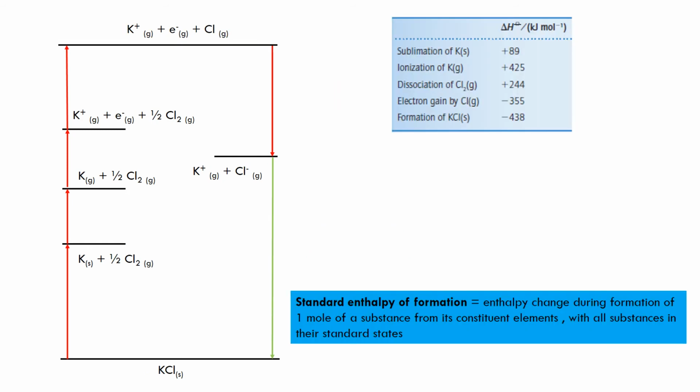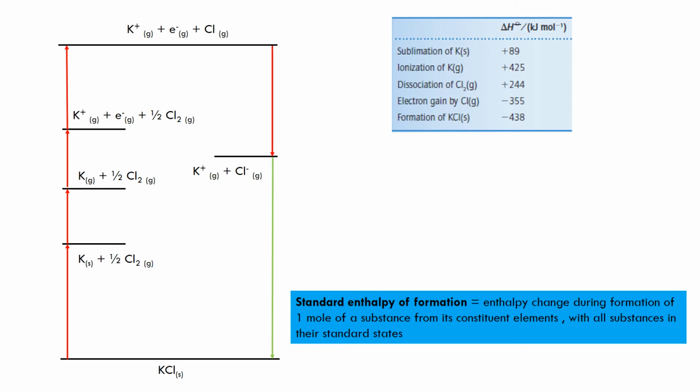Now, here are some values for the empirical data. I've got the sublimation of potassium there. I've got the ionization of potassium, the dissociation of Cl2, the electron gain by chlorine, and the formation of the KCl solid.